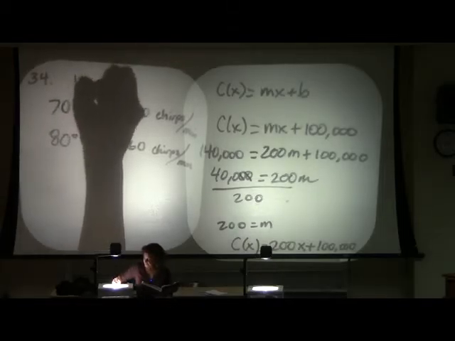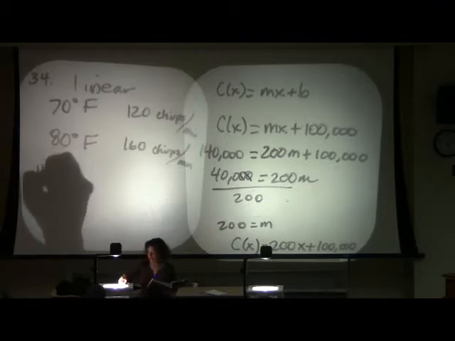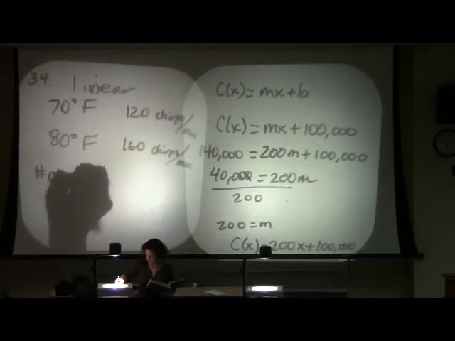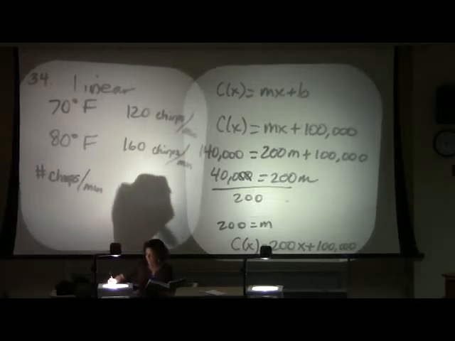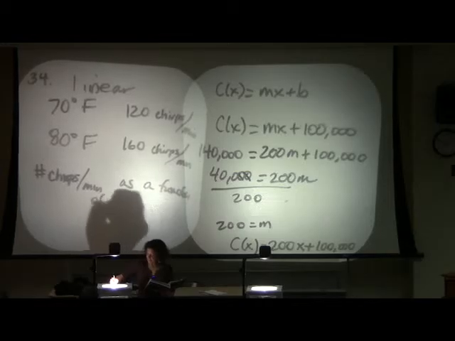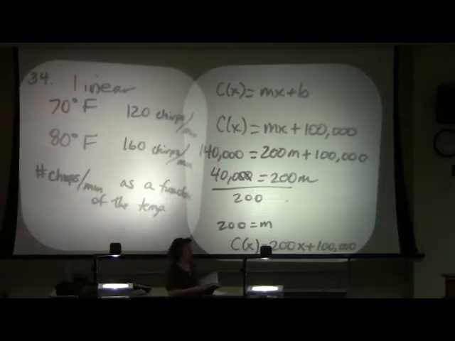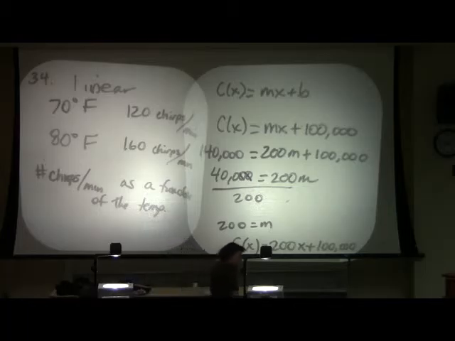We're given that this is a linear relationship. So what I want to do is write the number of chirps per minute as a function of the temperature. So, you know, if you walk outside one day and it's 65 degrees, once we find the equation of this line, you'll be able to compute how many chirps per minute this certain species of cricket makes.